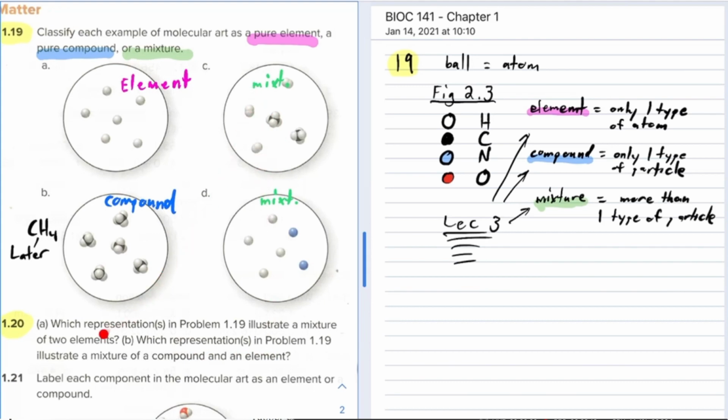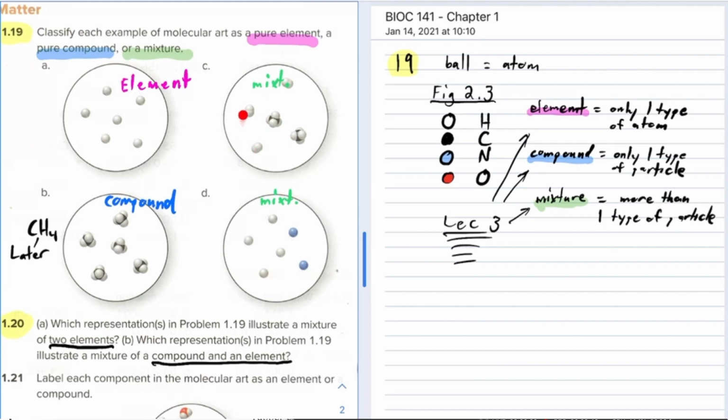Okay, which one is a mixture of 2 elements, and which one is a mixture of a compound and an element? So 2 elements, and then which one is a compound and an element? Let's look at C first. Okay, looking at C, you got 2 components here. You got these guys over there, and then those guys.